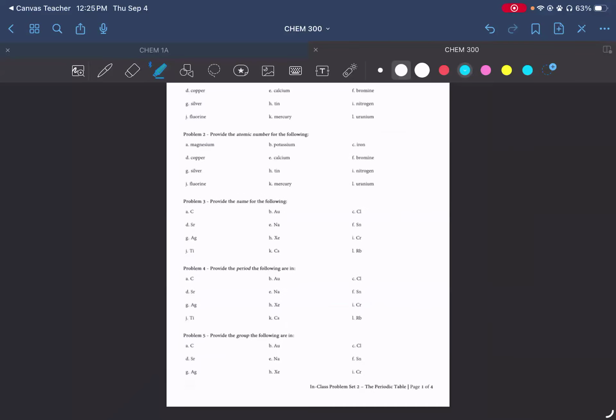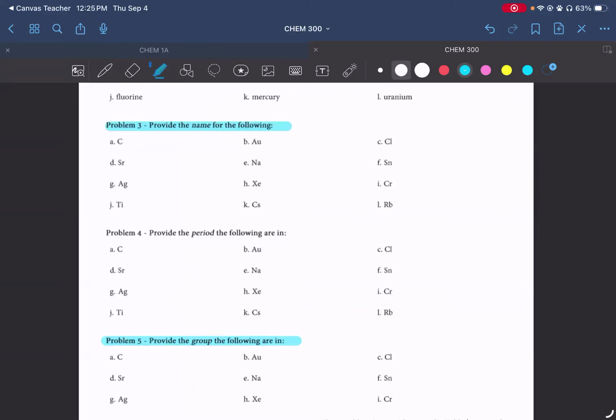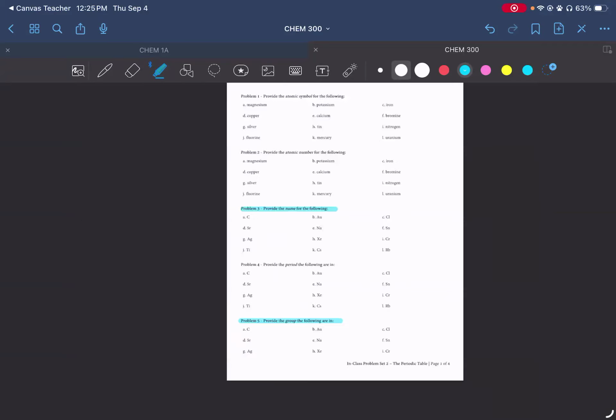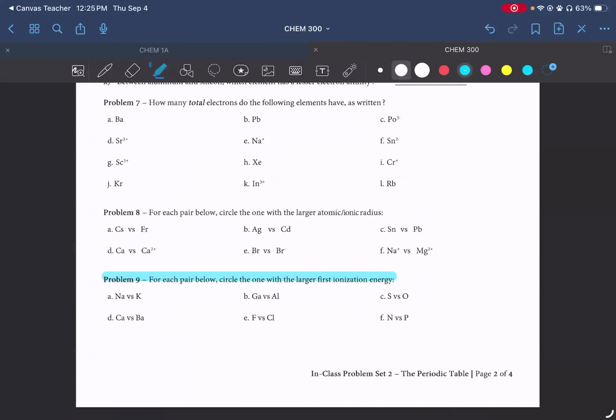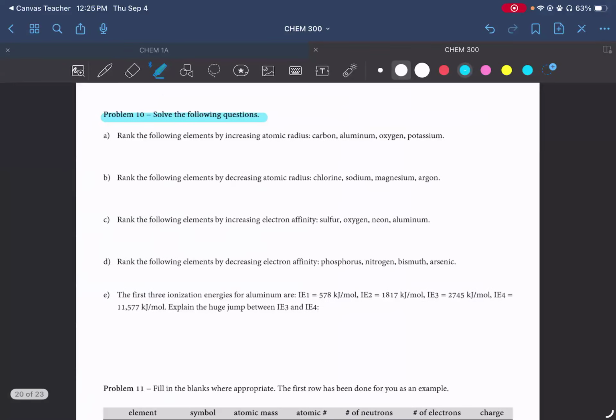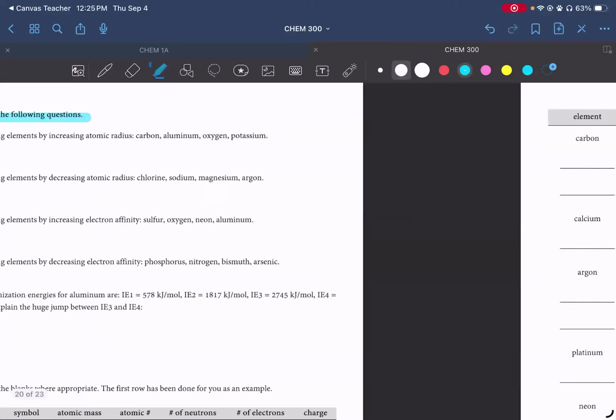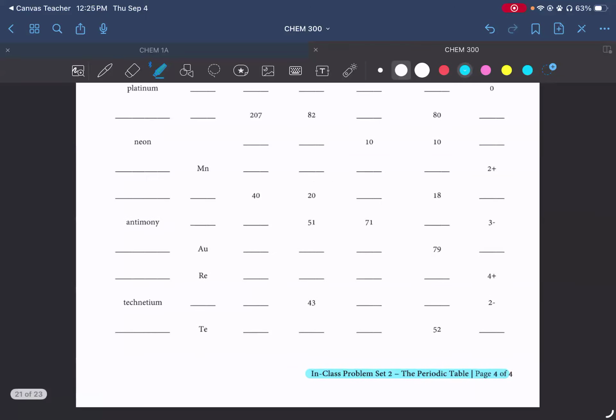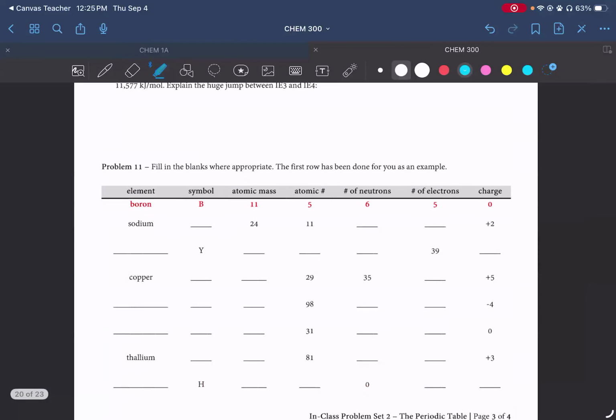And on the first page, problems 3 and 5. So I'll reiterate that one more time from the very beginning. The problems assigned as extra credit are problems 3, 5, 9, 10, and all of page 4.